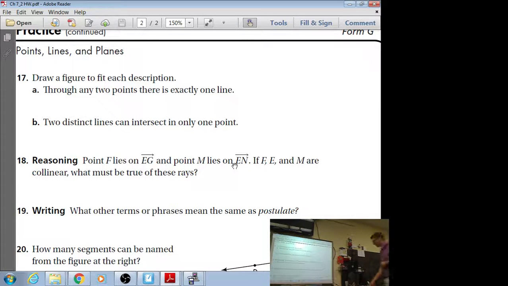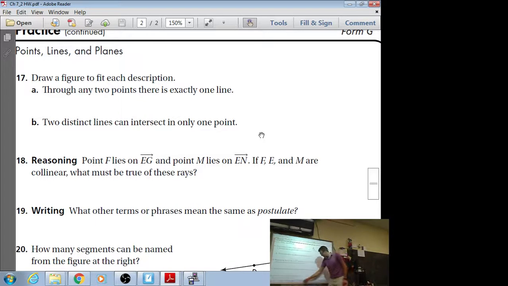Draw a figure to fit each description. Through any 2 points, there's exactly one line. Point A, point B, there's only one line that can connect them. Then 2 distinct lines can intersect in only 1 point. So distinct lines, let's make a third point. Darn green.